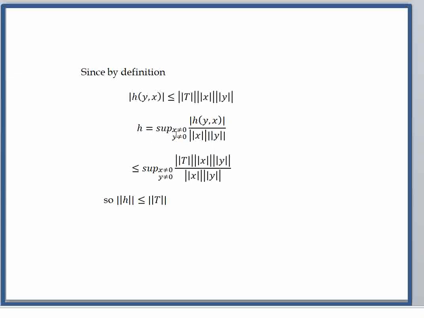Norm of h is equal to the supremum, where x is a non-zero vector and y is also a non-zero vector, of mod of h(y, x) over norm of x norm of y, which is less than or equal to the supremum, where x is non-zero and y is not equal to 0, of norm of T into norm of x into norm of y over norm of x into norm of y. It holds for every x and y.